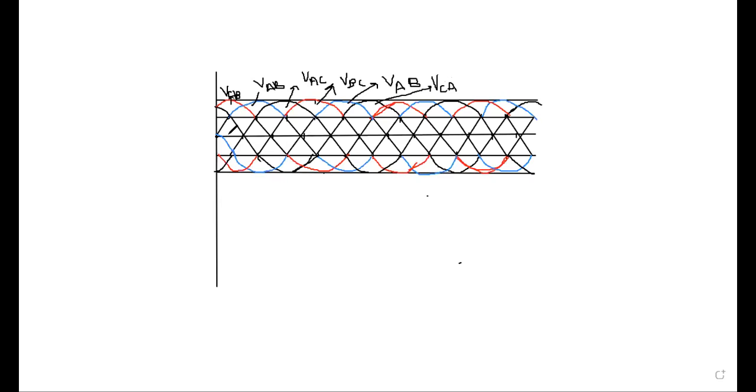Now, what you have to understand is where it is starting. So this is our 0 degree. This is 30 degree. And this way it is 60 degree. This is 90 degree.